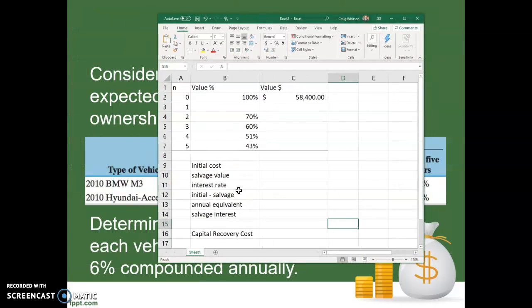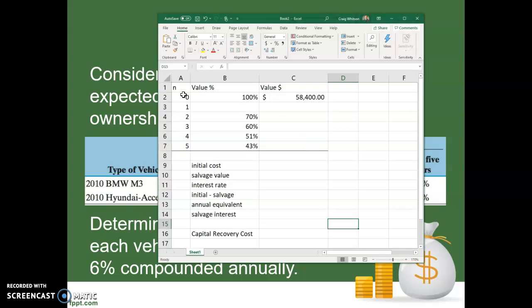So I've already set up a spreadsheet. I've sort of set up a template here that shows us the number of years, the value that the vehicle or equipment is going to maintain in terms of percentage, and then what its value is in terms of dollars.